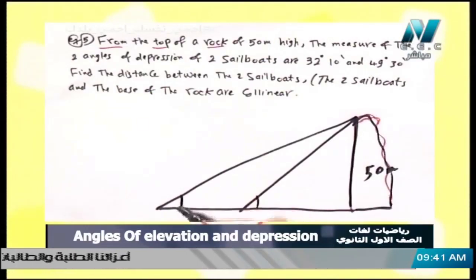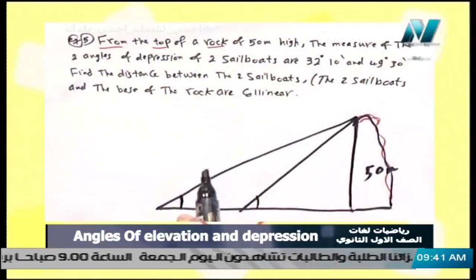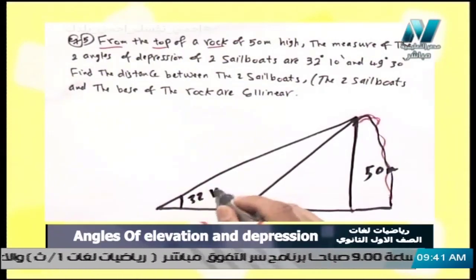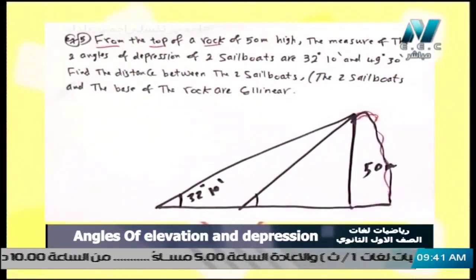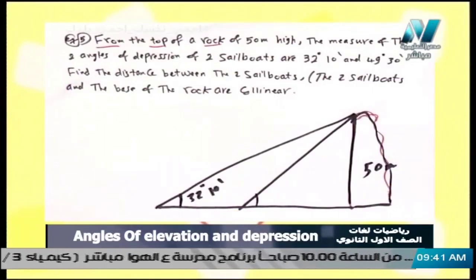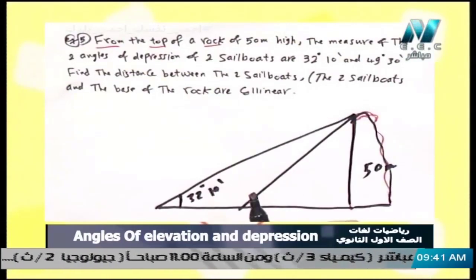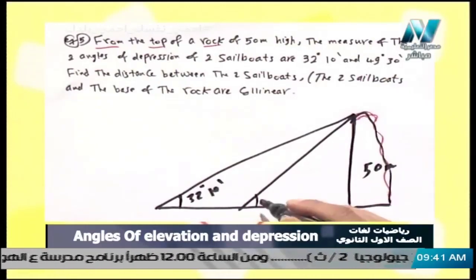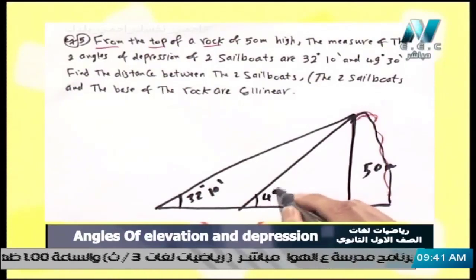Of course, the angle which is far from the base of the rock is the smallest angle, so it's 32:10, because if we look at something far, you will need to raise your head forward or up very much, so the angle will be small here. But here we have the angle 49:30.